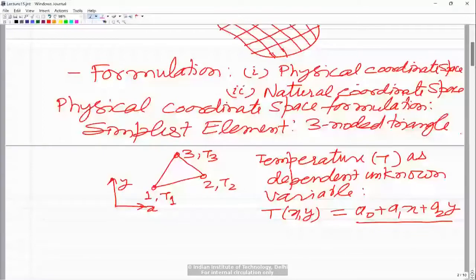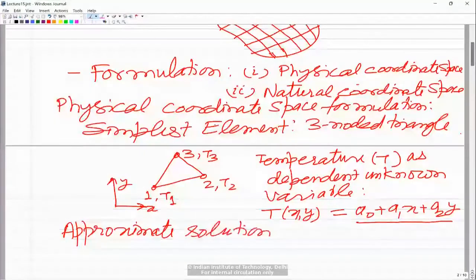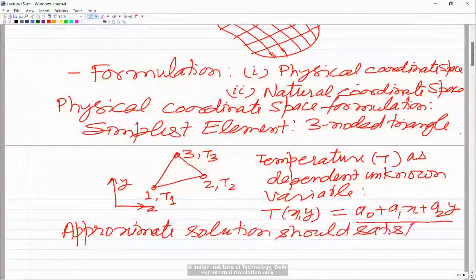We have discussed these criteria when I discussed the criteria for assuming the approximate solution within an element. Geometric invariance is the criterion which becomes important for 2D and 3D problems. So that is why I am writing it again. Approximate solutions should satisfy geometric invariance.